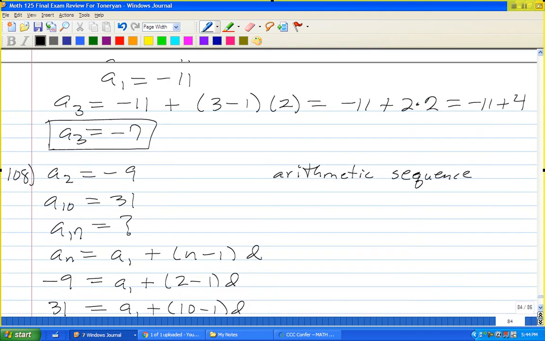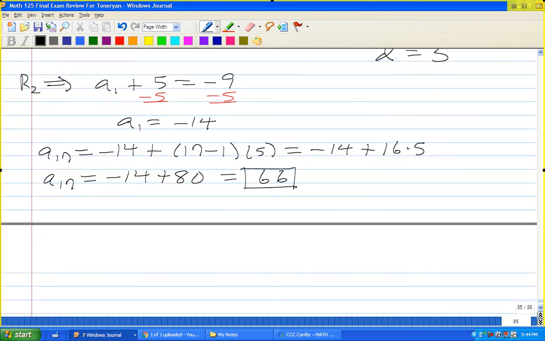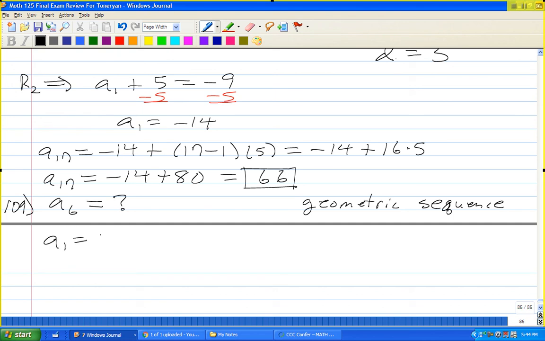Let me do problem number 109. The sixth term of a geometric sequence whose first term is 2 and whose common ratio is 4.